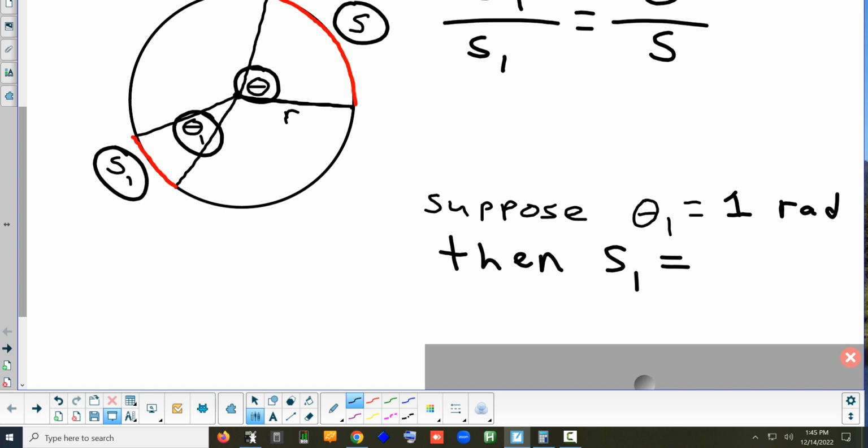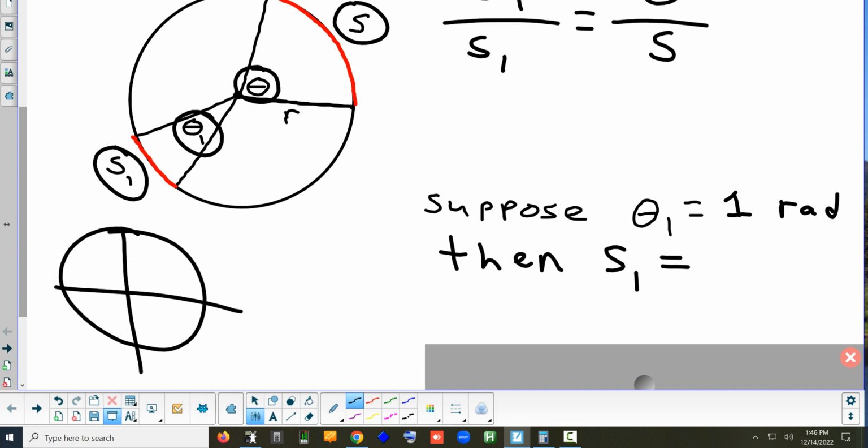What's that? Well, it is the same as something. Does anyone remember? If you have an angle that's exactly 1 radian, the length of this arc is the same as something else in that picture. The what? The radius, yes.